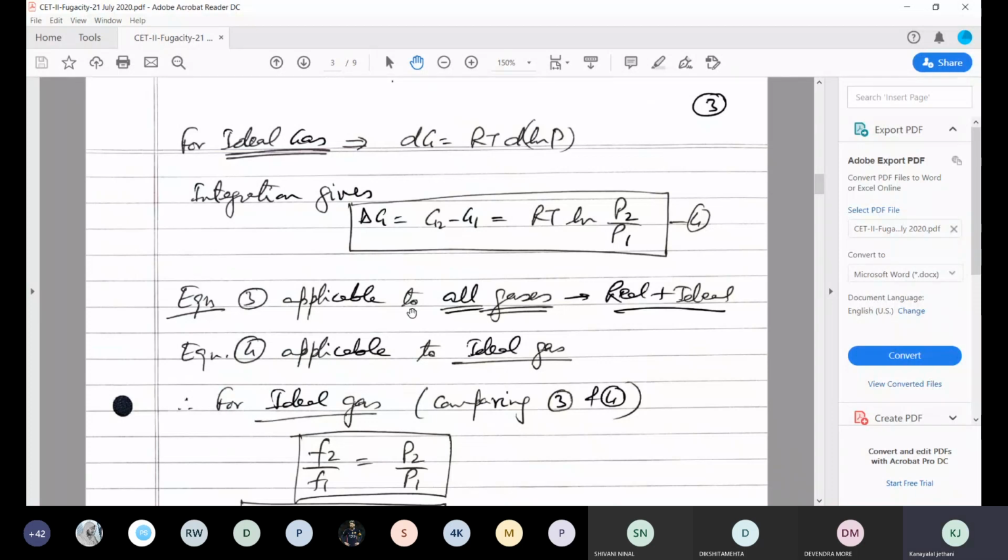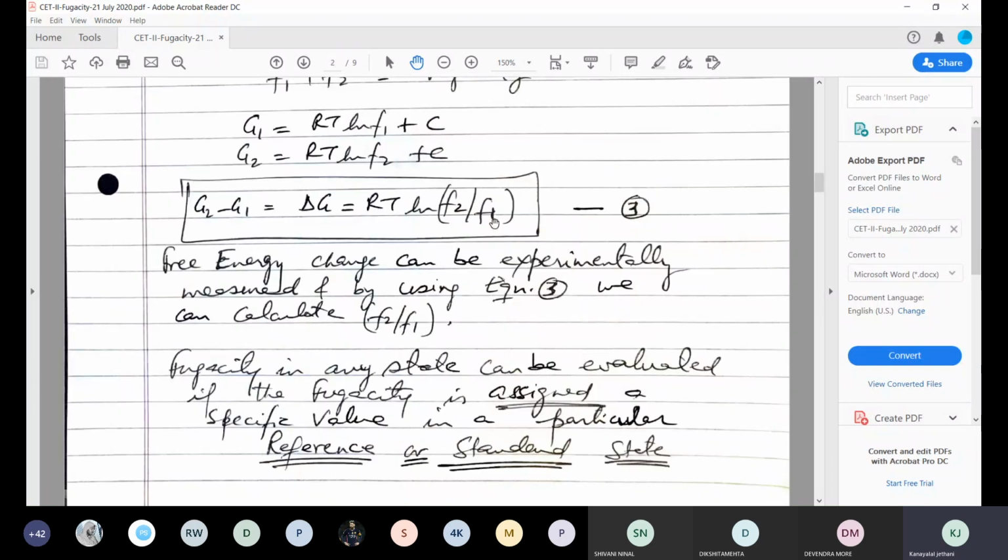Okay, so if you look at ideal gas, delta G is RT ln(P2/P1). This equation is applicable for ideal gases, and this equation 3 is applicable for real gases as well as ideal gases. Real gas is ideal gas at low pressure. Right? So when I say this equation is applicable for real gases, that means it can be applied for ideal gases also, because any real gas reduces to ideal gas at low pressure.